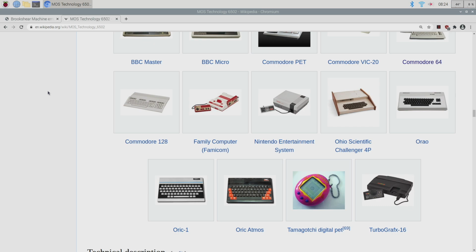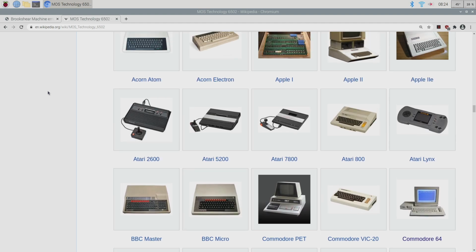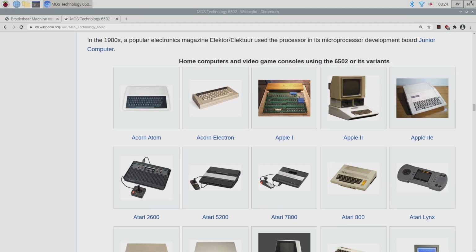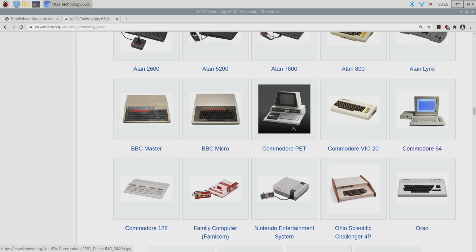The 6502 is a really interesting processor. The history of it is really interesting. And look at all of these machines. Maybe I need to put this in perspective. The Apple II and the Commodore PET were two of the three computers released commercially in 1977.